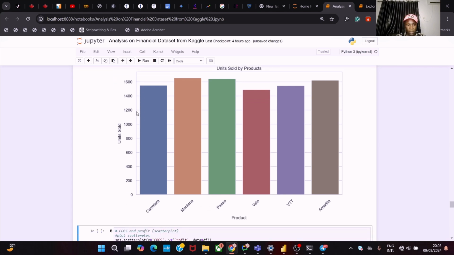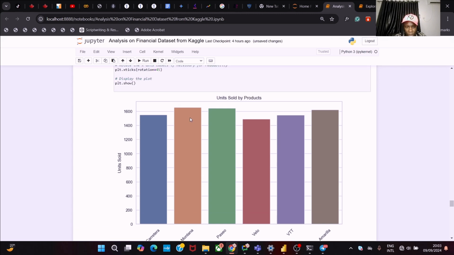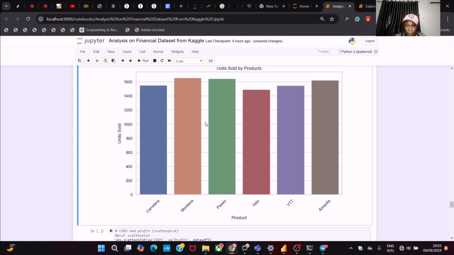As you can see, this is the visual showing the units sold per product. The product with the highest unit sold is Montana. As you can see here, Montana is the product with the highest units sold.